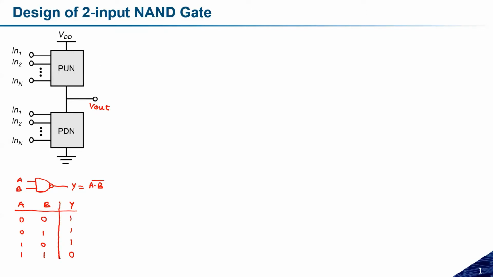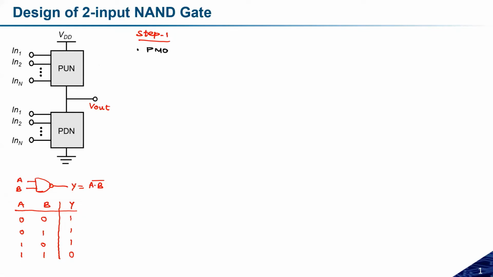Now let us talk about the steps we need to follow. Step 1: the important thing is that in a CMOS based structure, we always need to fix the PMOS transistors in the pull-up network and the NMOS transistors in the pull-down network.